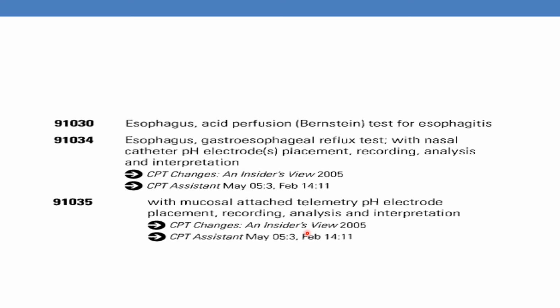For mucosal attached electrode, the code is 91035. And for a simple gastroesophageal reflux test with nasal catheter pH electrode, the code is 91034.